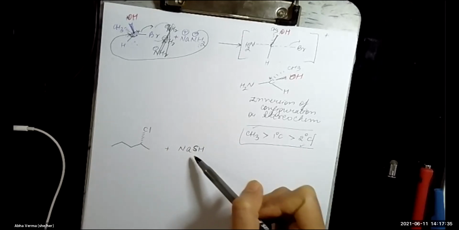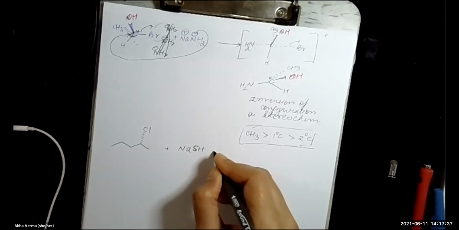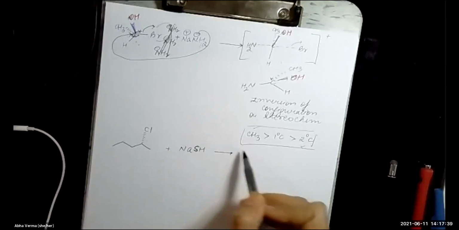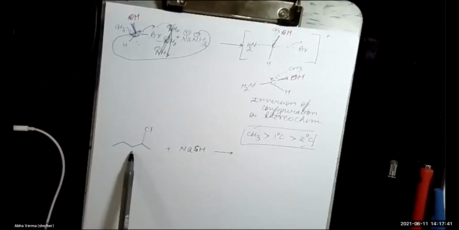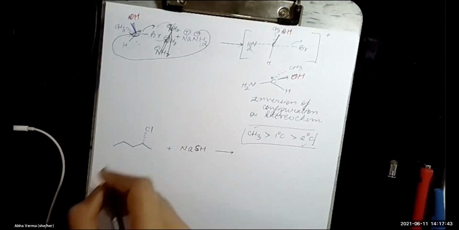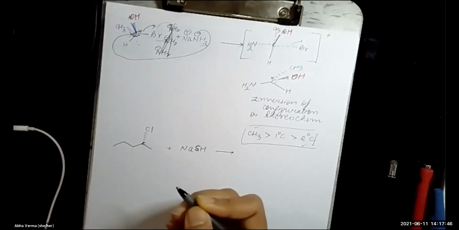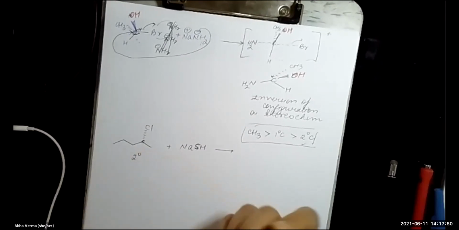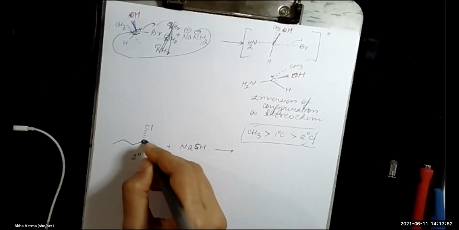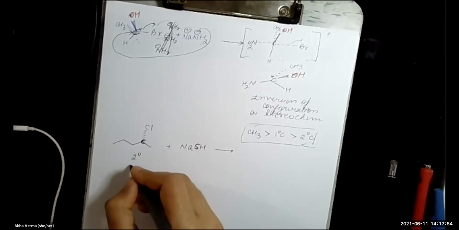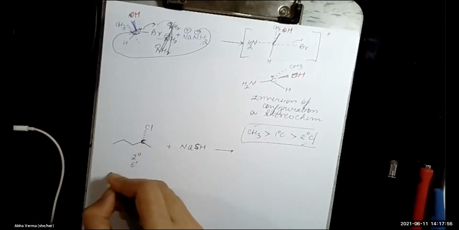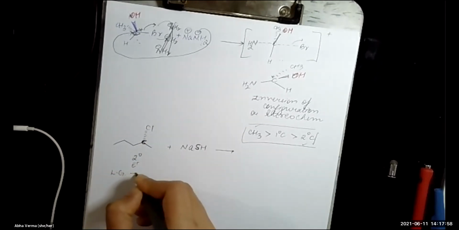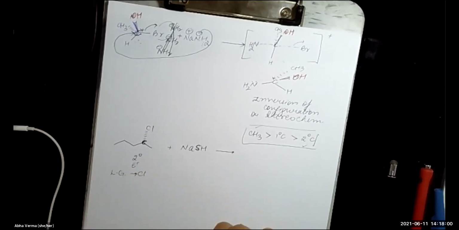Now I'm going to use NaSH. What is the kind of substrate that I have here? This carbon is secondary. The chloride on it is also secondary. So this is a secondary substrate. This is my electrophile. I have a good leaving group also in the form of chloride.